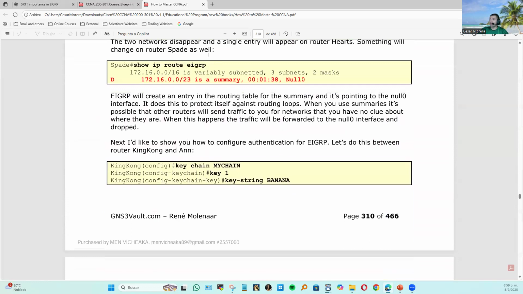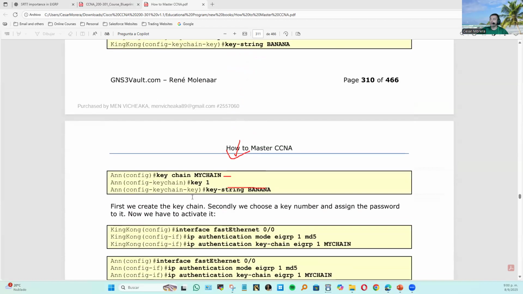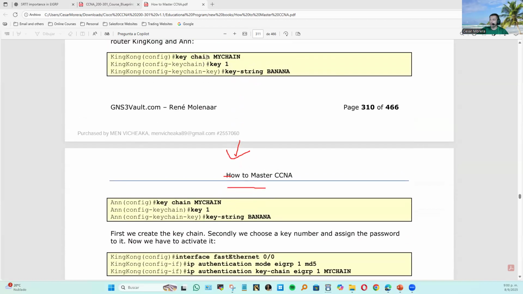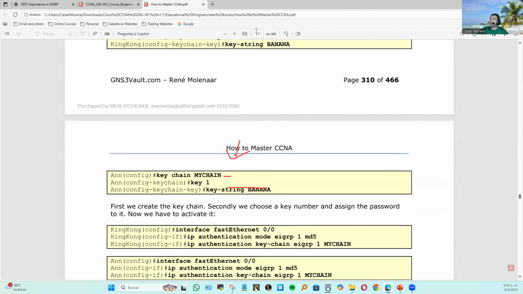So we are configuring a key chain. In this example, this is what we have. We have key chain MYCHAIN, key 1, key-string banana. That's the first example. Then we have the other one, both for King Kong and Anne, and it's basically the same. Key chain MYCHAIN, key 1, key-string banana.